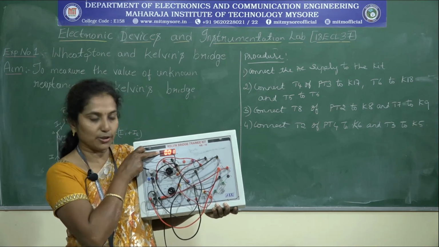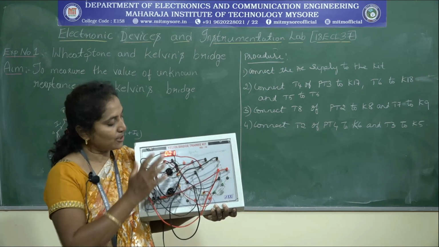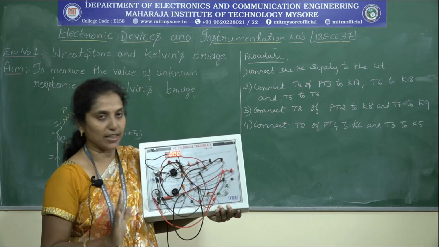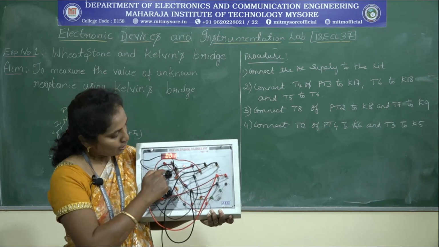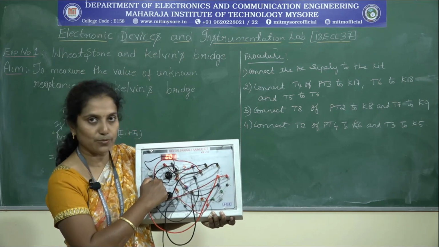When it is showing 0 value, the current is 0, so this is the bridge balance condition. Now what will be the unknown resistance here? Whatever you are having here, you have 0.001 here.